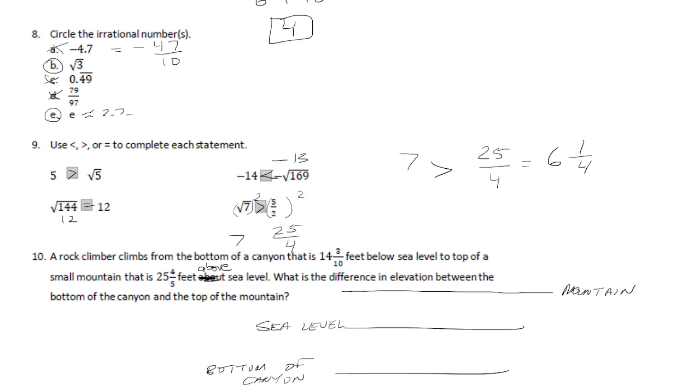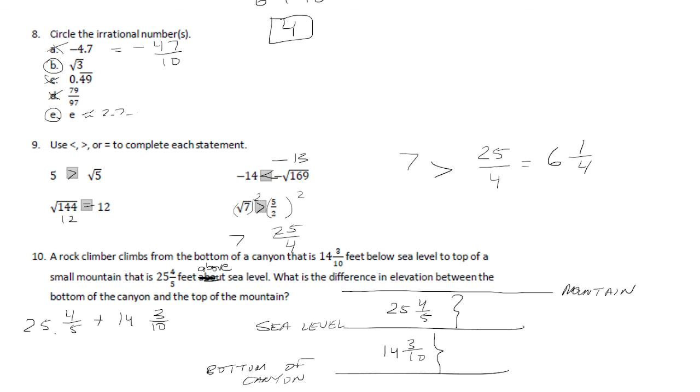We have 14 3/10 below sea level, so this distance right here is 14 3/10. And then the small mountain is 25 4/5 feet above sea level. If you want to see the difference in elevation, what you have to do here is just add them. So what we're doing is adding 25 4/5 plus 14 3/10.